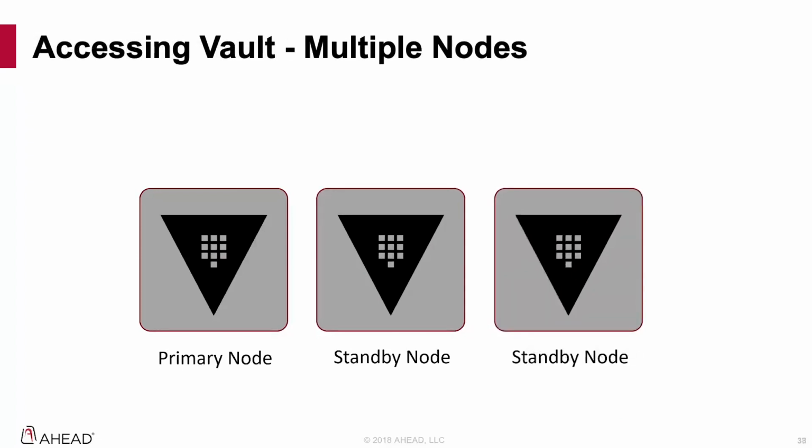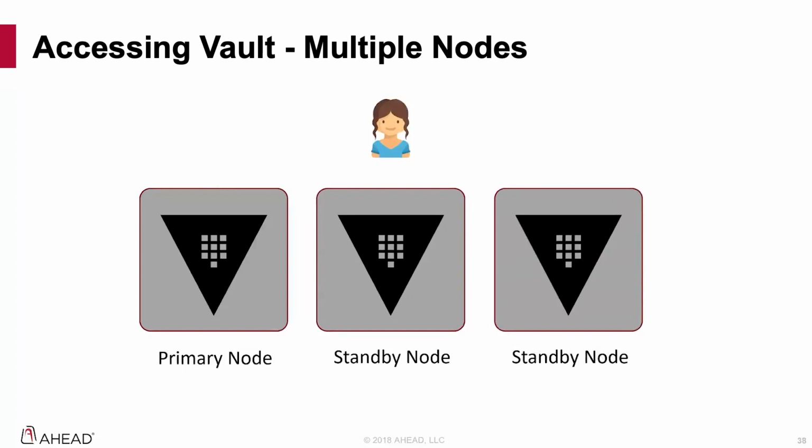So when you're accessing Vault, as I mentioned, ideally you would go to the primary node. You can put a load balancer in front of Vault if you want to. I think that's generally a recommended practice. Or you can use something like Consul to figure out what the primary node is if you're using Consul from a service mesh perspective.